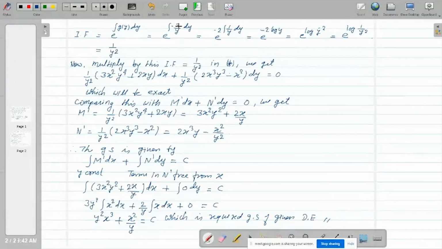If it is not homogeneous, then observe whether it is of the form of the product of the function xy. If not, then move to the next step. Find the ratio. If the ratio is a function of x, then your integrating factor is e raised to integration of f of x dx. If it is not a function of x, then your fourth method will be applied. Getting? Yes or no?